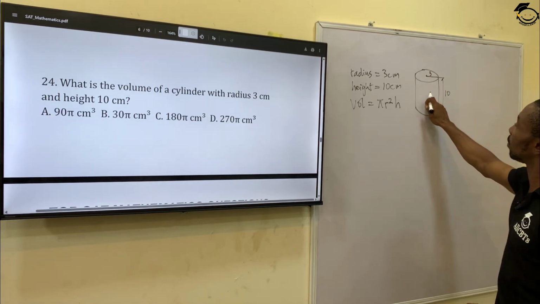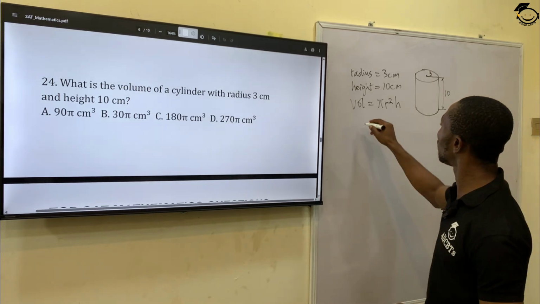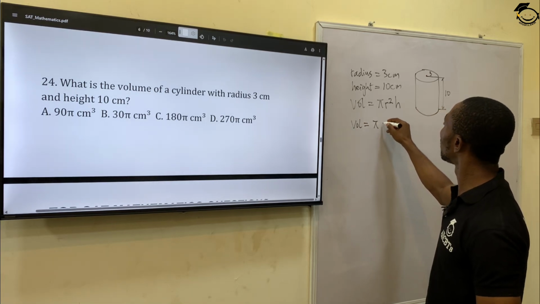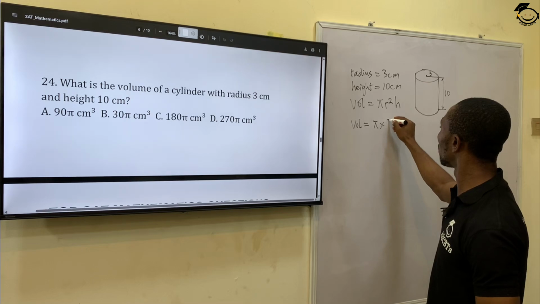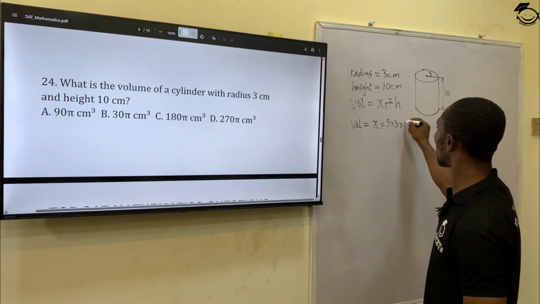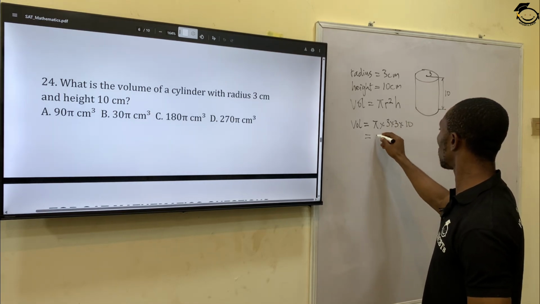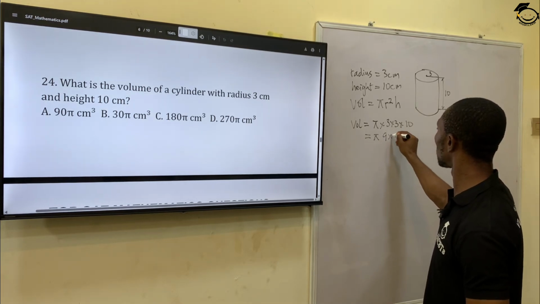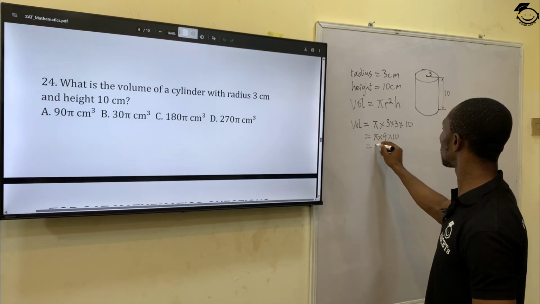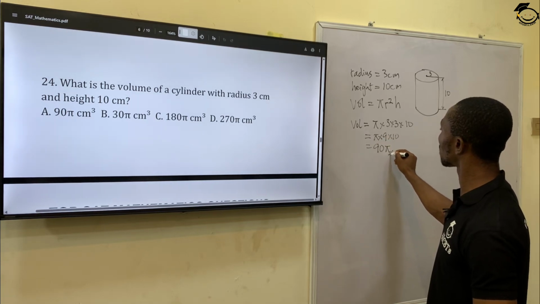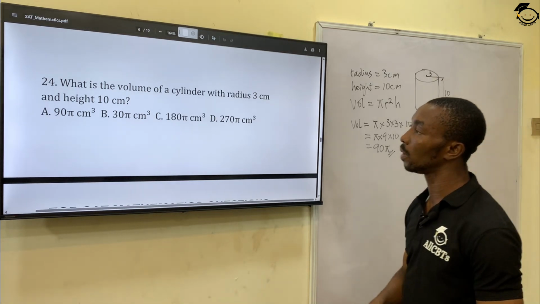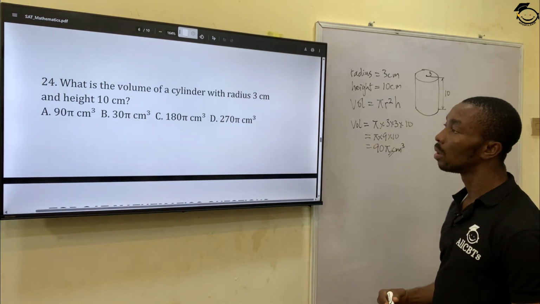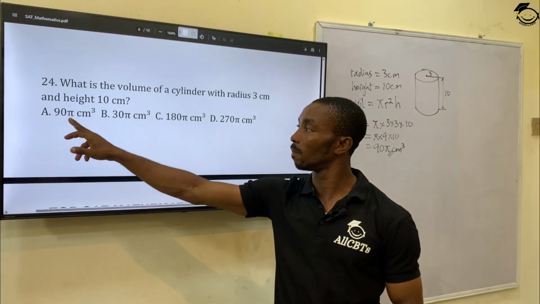So the volume of a cylinder like this will become volume equals pi times radius 3 times 3 times 10. And 3 times 3 is 9, times 10. So this becomes 90 pi as our volume. So the volume will be 90 pi cm cubed, which is option A.